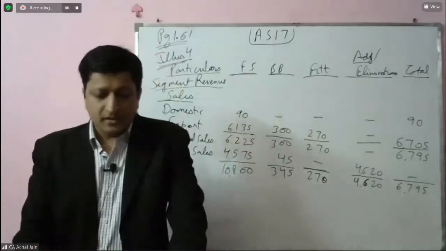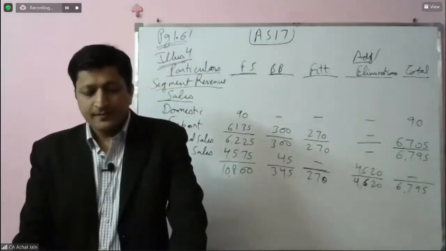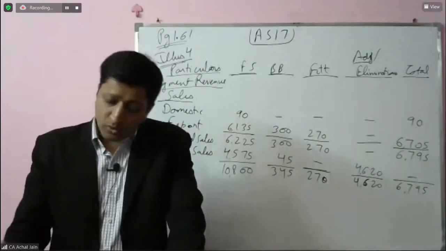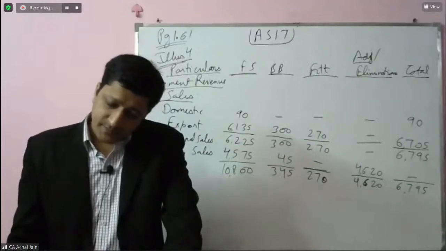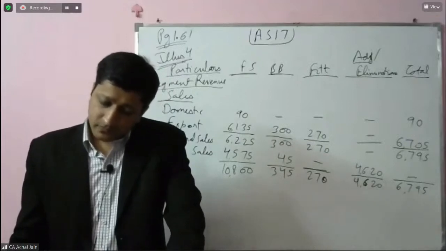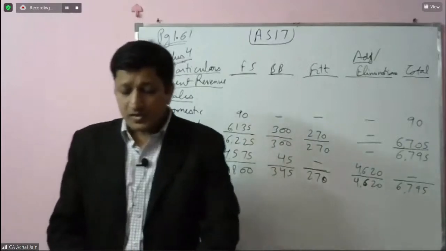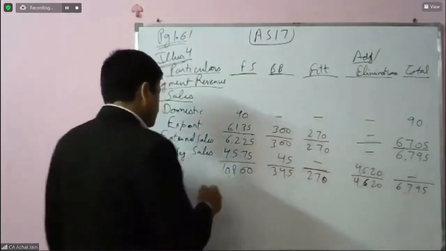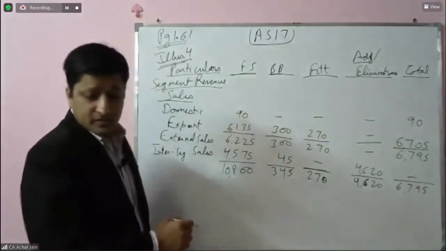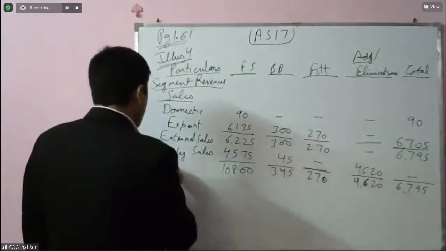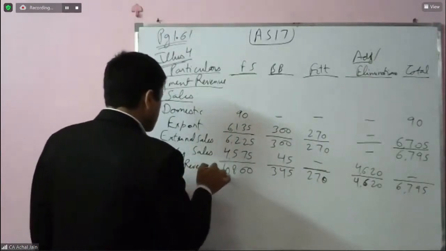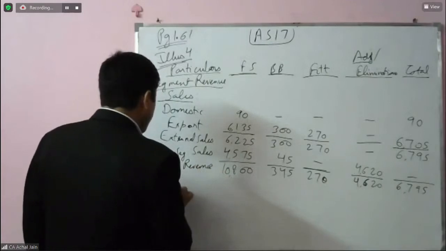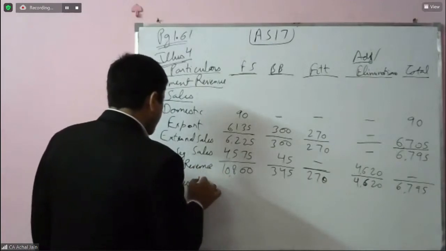Now moving further, the next disclosure will be about segment results, which is again given to us. So segment results, this is the total revenue. Then we can put the information for segment results.